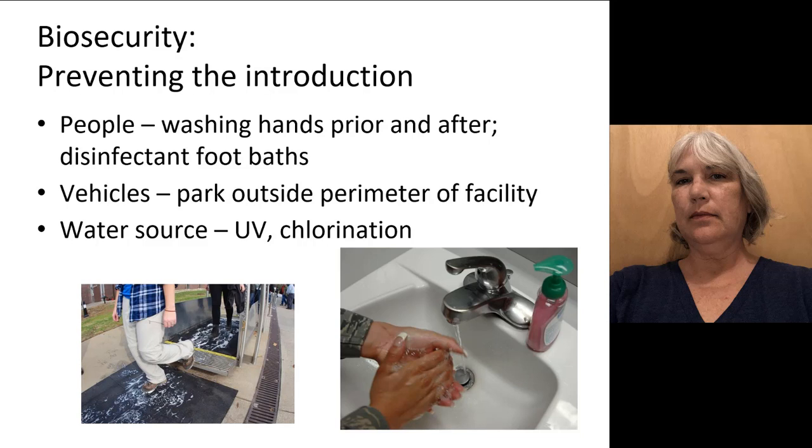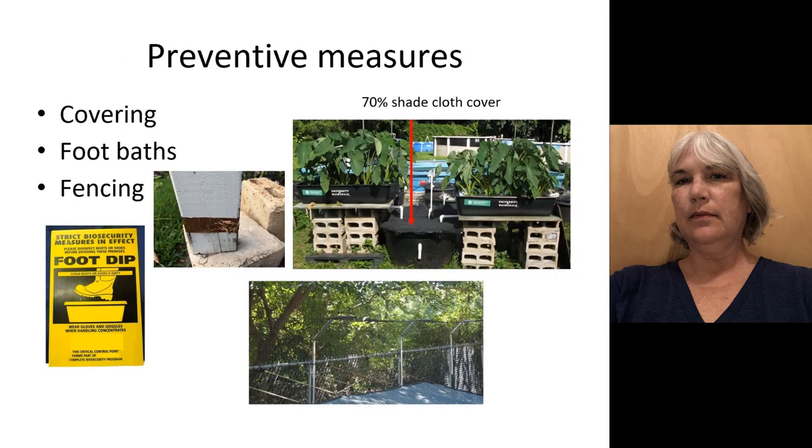And of course, the water source. We talked a little bit about using ultraviolet radiation or chlorination. Just remember, if you do use chlorination on your water source before it comes into your fish tank, you will have to dechlorinate.